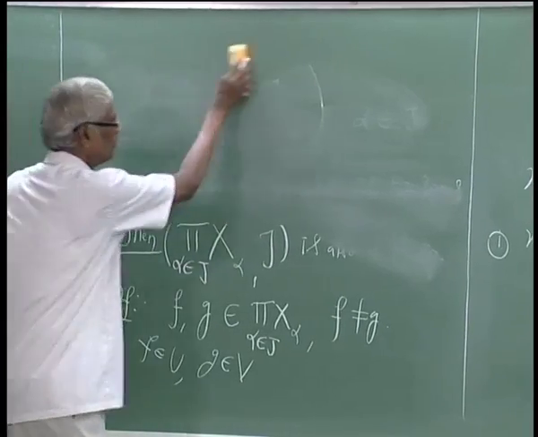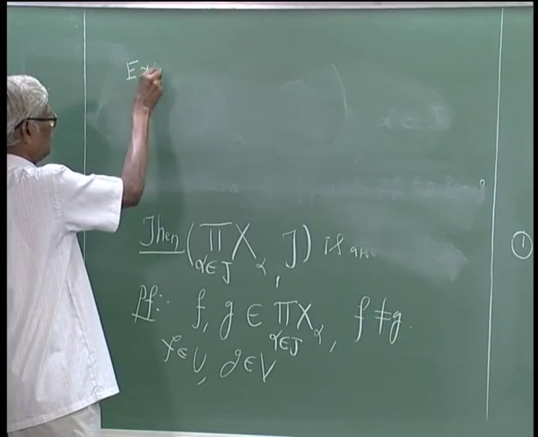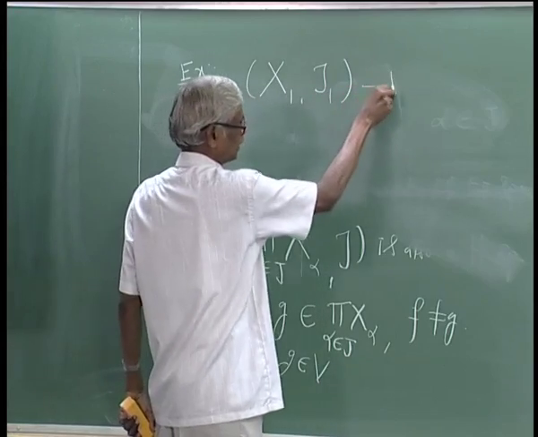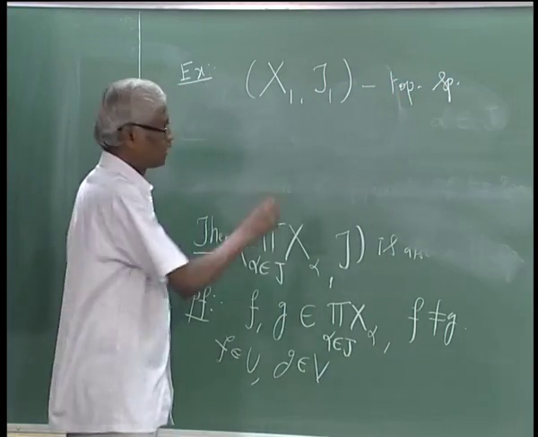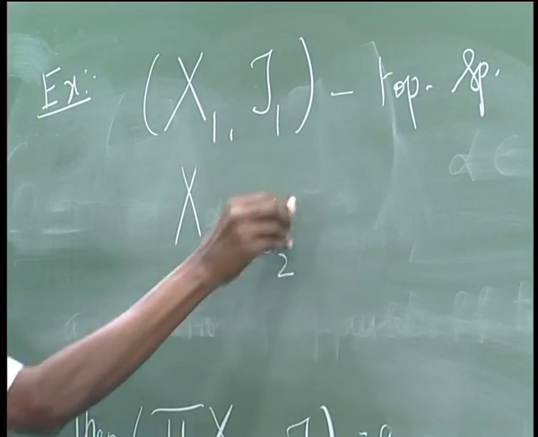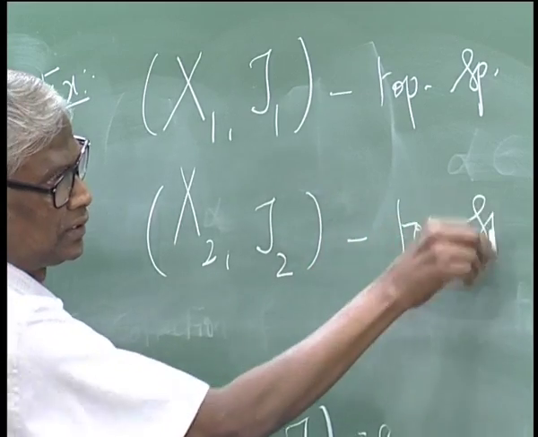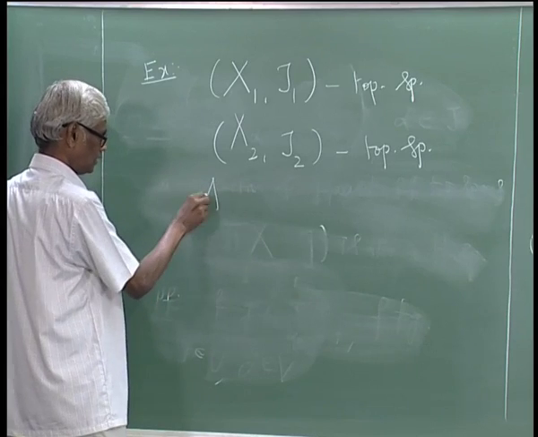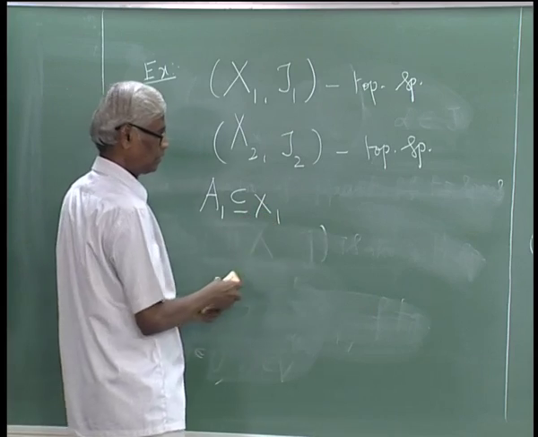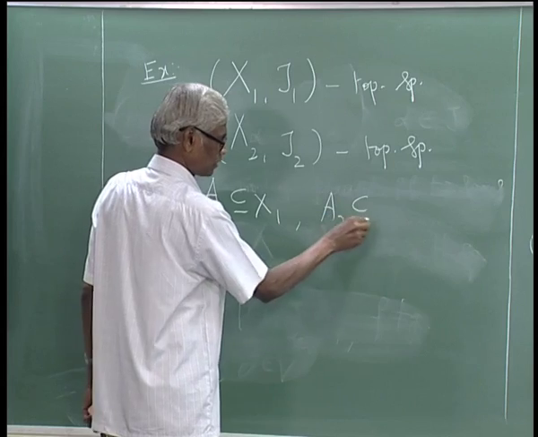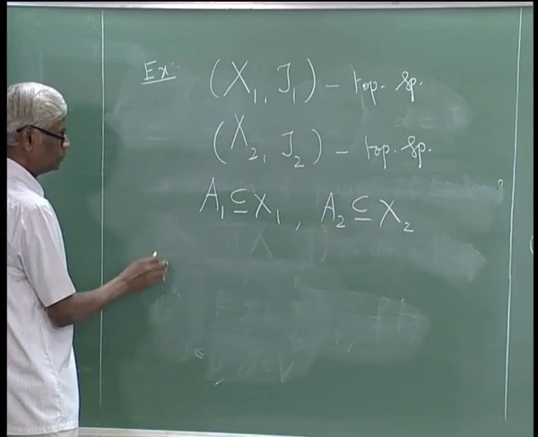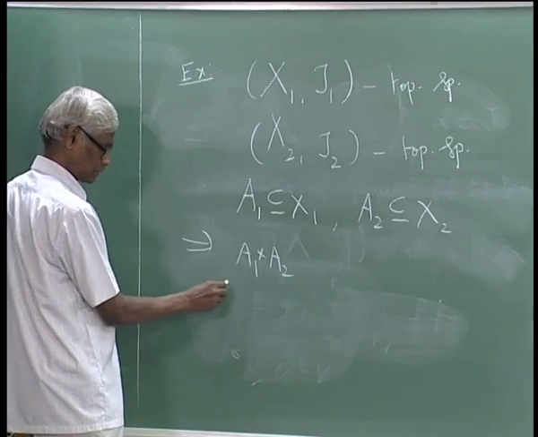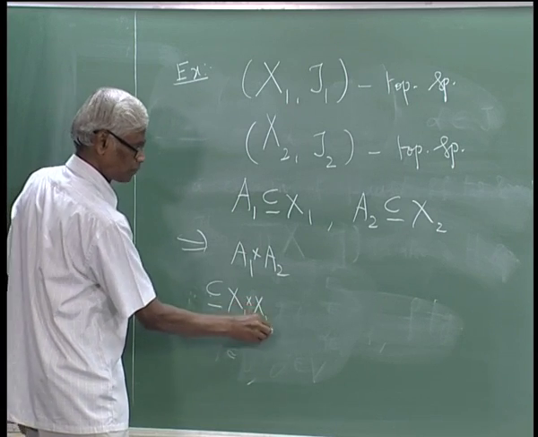So then we have seen, more generally, a simple exercise. You have (X_1, tau_1), a given topological space, and (X_2, tau_2), another topological space, and you have subsets A_1 subset of X_1 and A_2 subset of X_2. Then A_1 cross A_2 is a subset of the product space X_1 cross X_2.